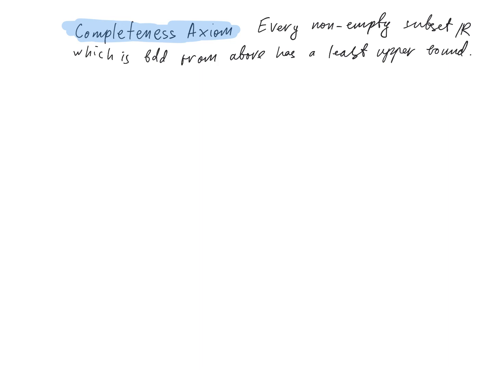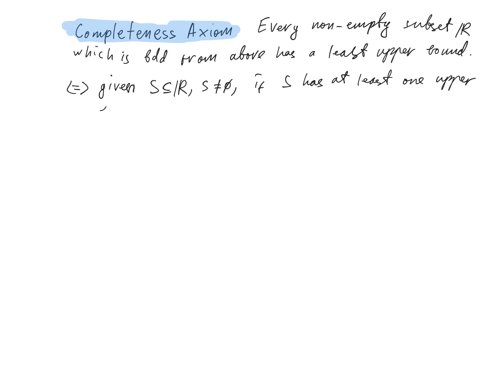In other words, given a set S, a subset of R, which is non-empty, if S has at least one upper bound, then the supremum of the set S exists.